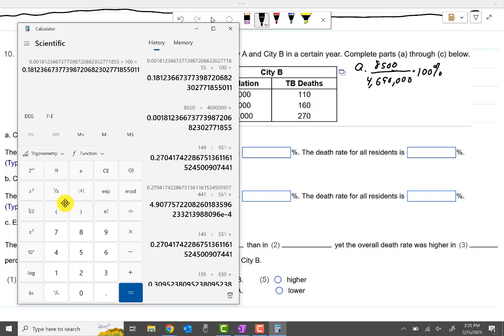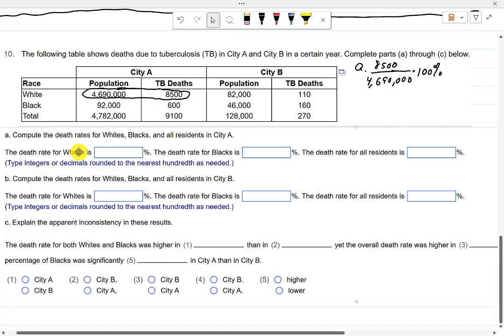I get about 0.18%. Let me see what they expect for that. So it says rounded to the nearest 100th as needed.